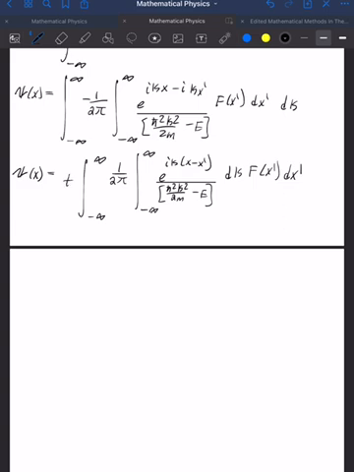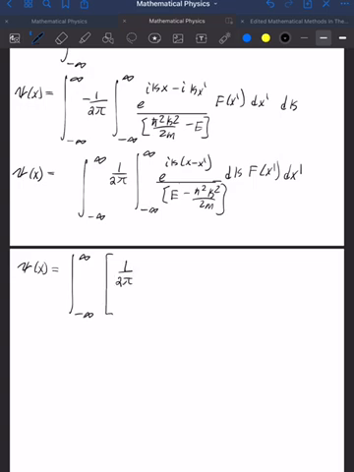This is positive, and then what happens here is that the order of these two switch. So it's E minus h bar squared k squared over 2m. And really, at this point, we've come to a pretty good solution. And you might be thinking, that does not look like a good solution. Well, I'm going to write this a little bit more clearly, really explicitly, just so you can see.